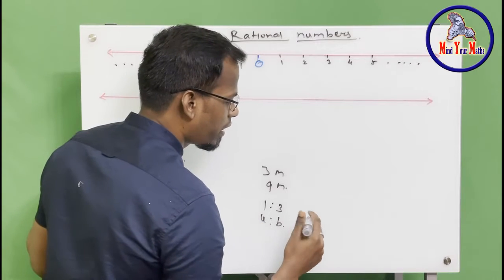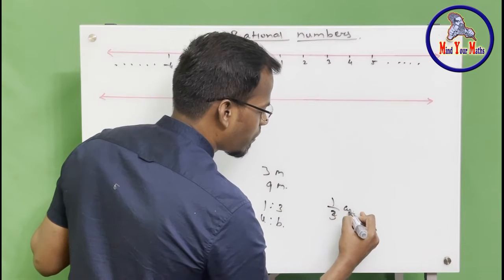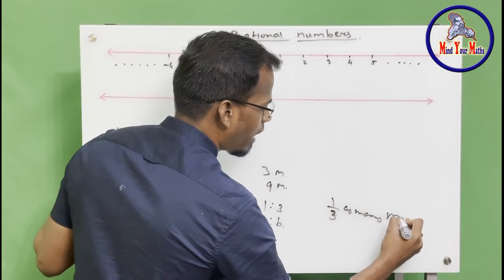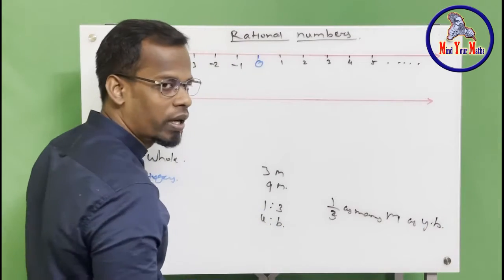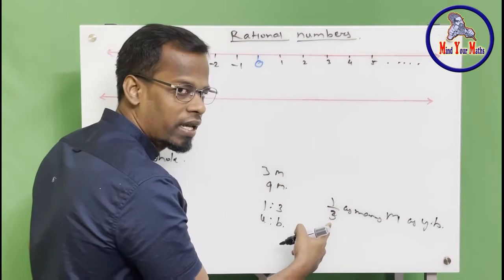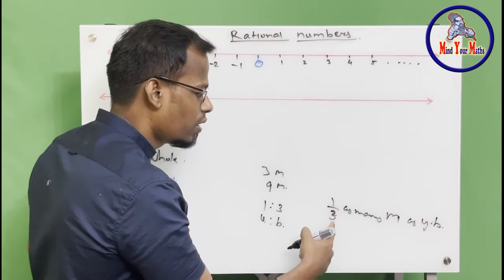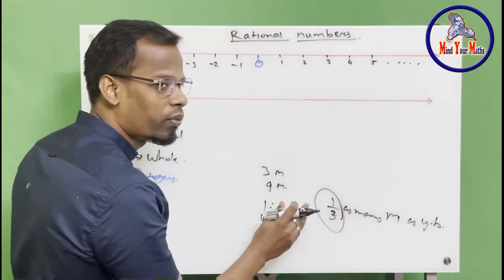It can also be written as: you have 1/3 as many mangoes as your brother. What it means is that you have 1 portion and your brother has 3 portions. So this can be written as a fraction this way. That is what a ratio means.